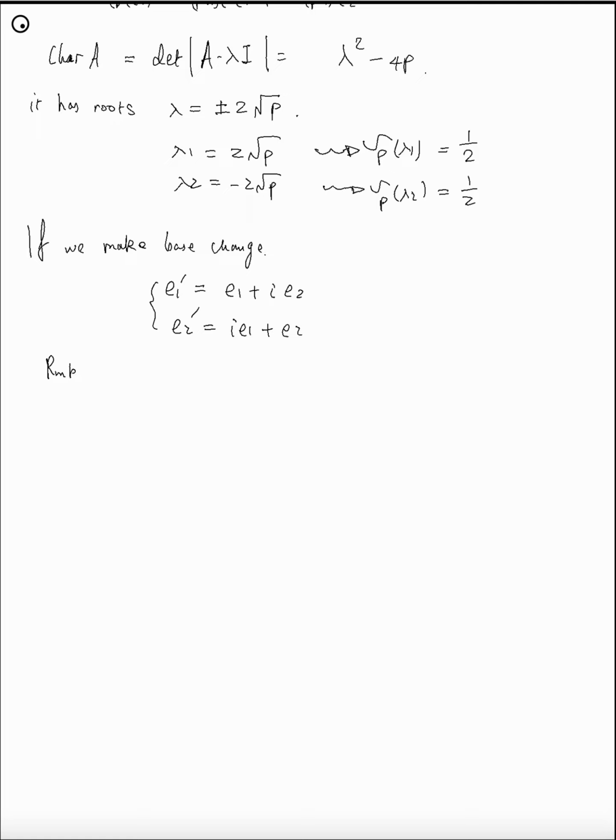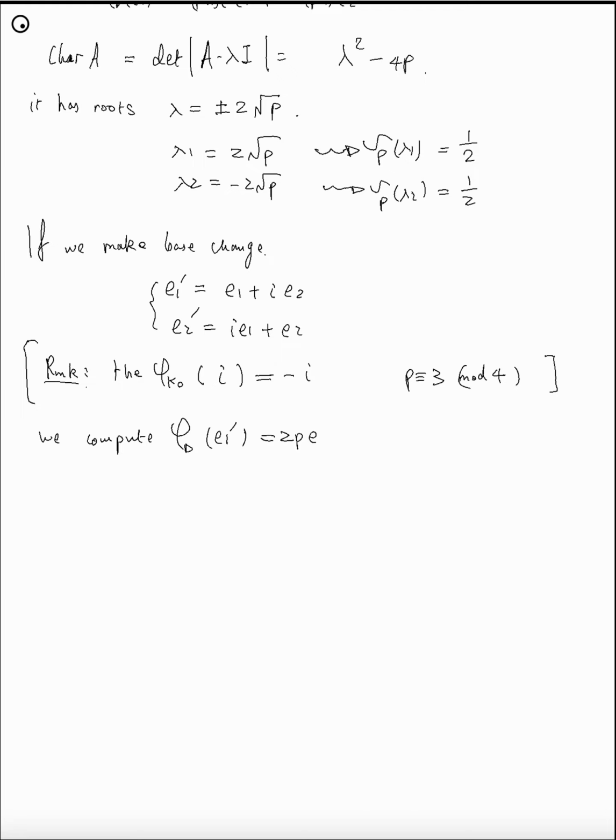Remark that the Frobenius over K0 will map this i to minus i, for the reason that p is congruent to 3 modulo 4. And we compute in the new basis.